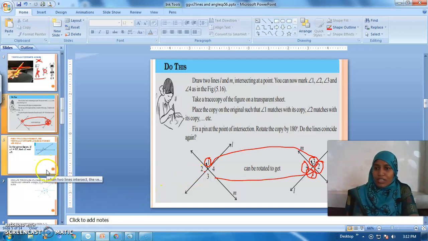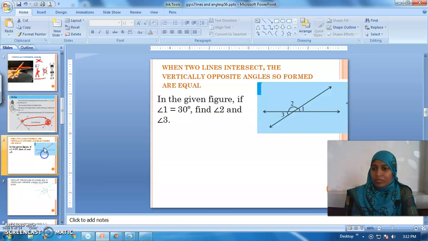The next question is, when two lines intersect, the vertically opposite angles so formed are equal. That's what I stated now. In the given figure, if angle 1 is equal to 30 degrees, find angle 2 and angle 3. I am not going to do any calculation here.